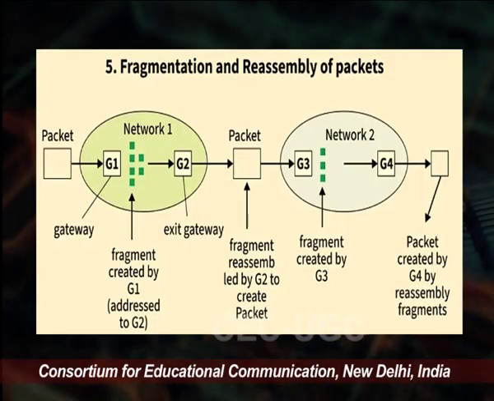Here you can see we have a packet which is going through network 1, and network 1 has two gateways. One is G1, and the other one is the exit gateway, which is G2. Some fragments are created by G1 and they are addressed to G2.